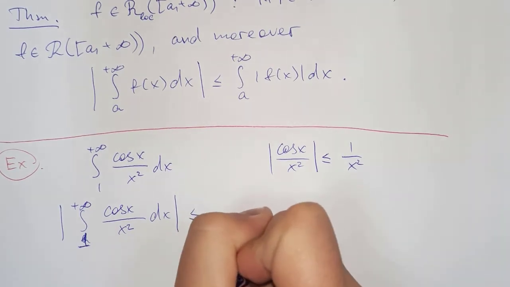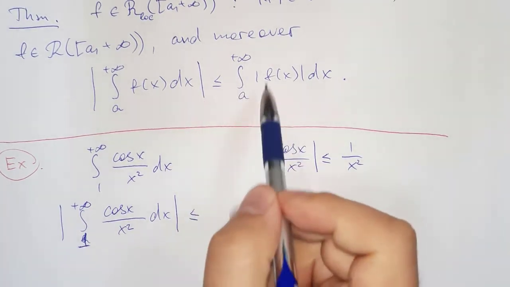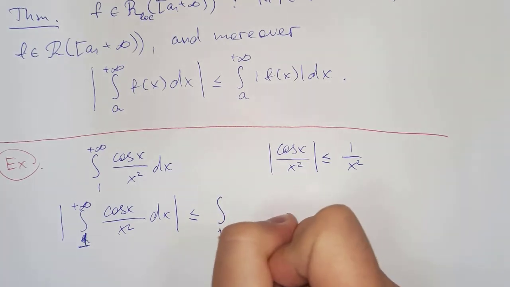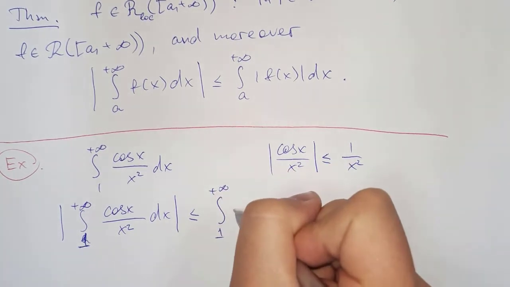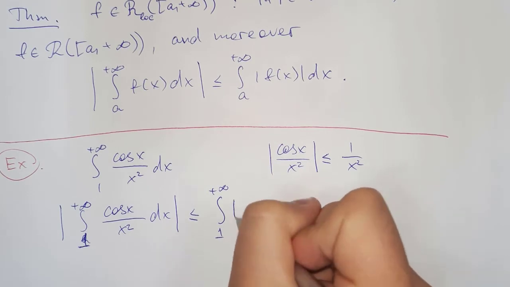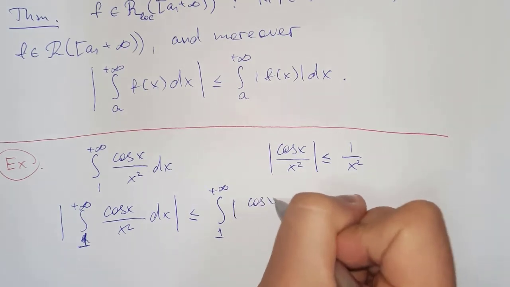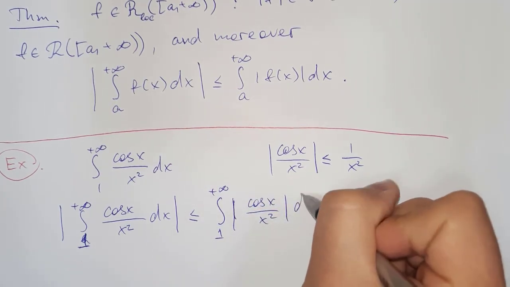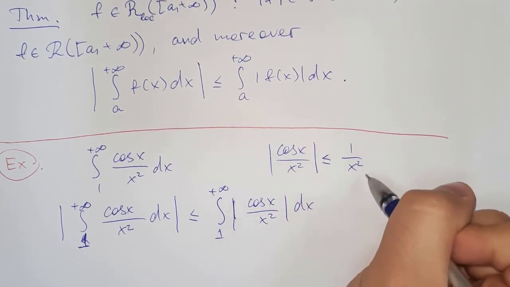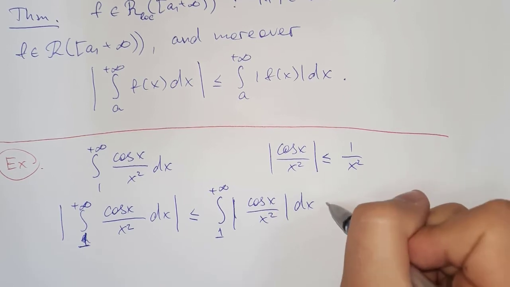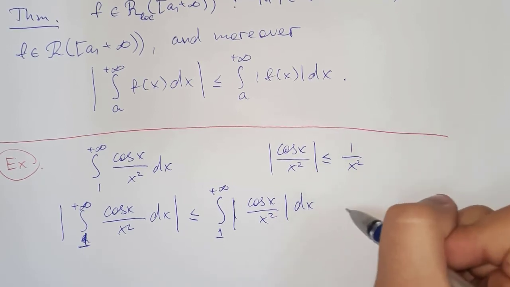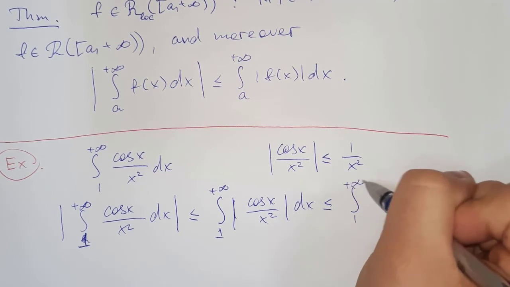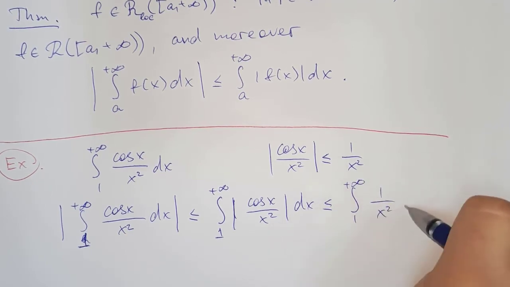It's less than or equal, using this theorem, to the integral from 1 to plus infinity of the absolute value of cosine x over x squared dx. And using this inequality, we can change our integral with 1 over x squared. It will be less than or equal to the integral from 1 to plus infinity of 1 over x squared dx.